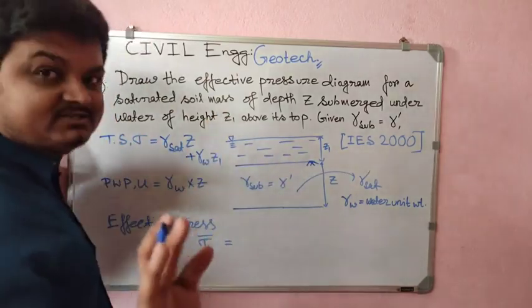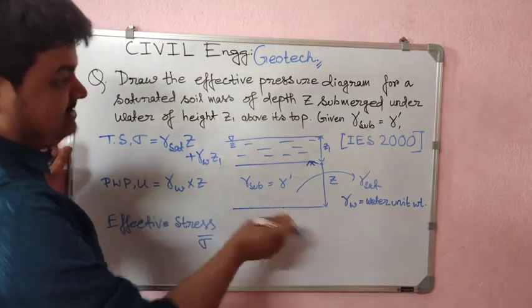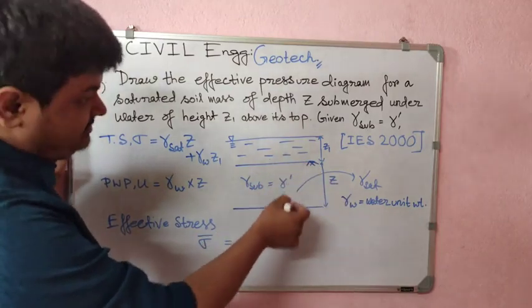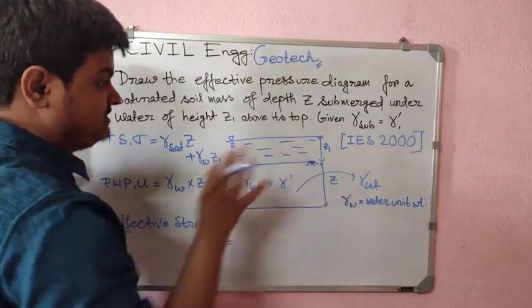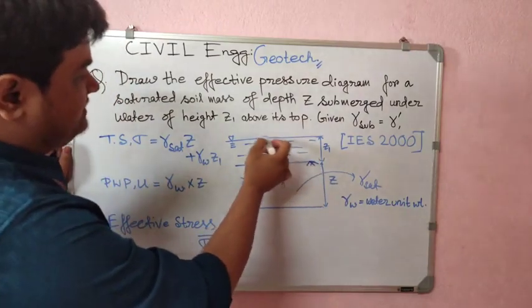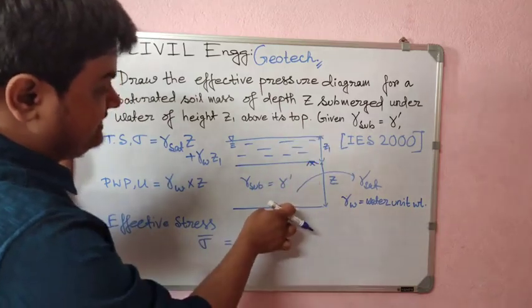It is a mistake people make: we have only z depth, so they take only this much height for the pore water pressure, but it is not, because the water surface level is here, so this pressure will be transferred to here.